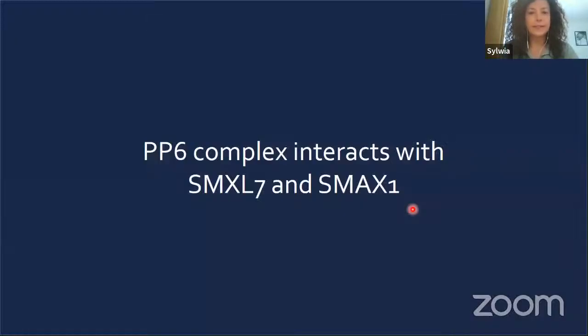After these several validation methods, we could conclude that the PP6 complex, both catalytic and regulatory subunit, seems to interact with SMAX7 and SMAX1. So they may be involved in strigolactone, but also karrikin or KL signaling.